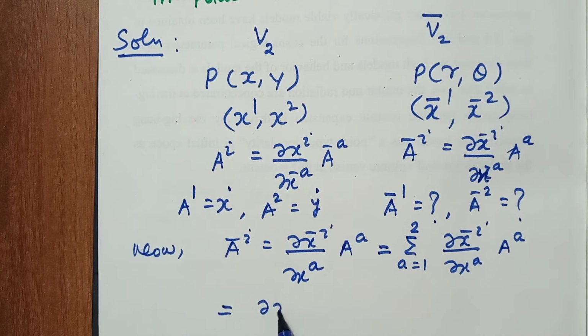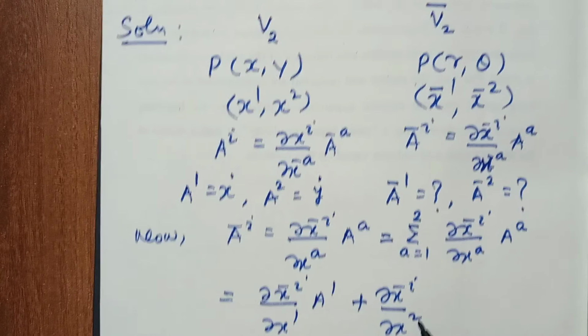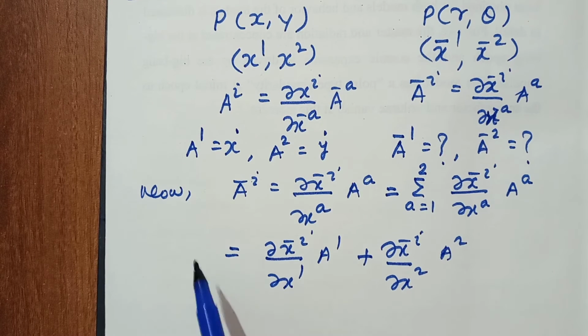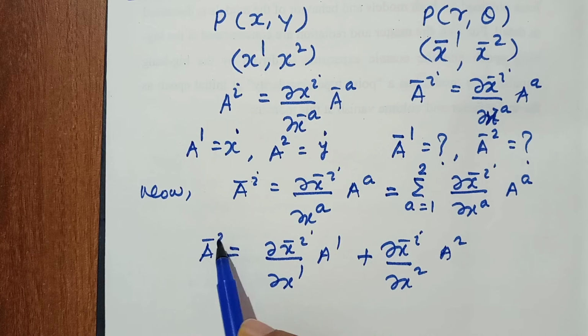So this is del x bar i upon del x1, A1, plus del x bar i upon del x2, A2. Now this is A bar i, so we calculate A bar 1 and A bar 2.